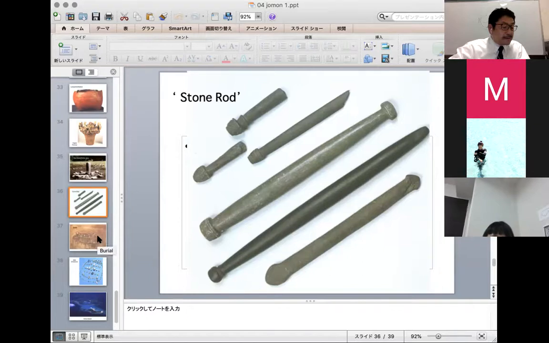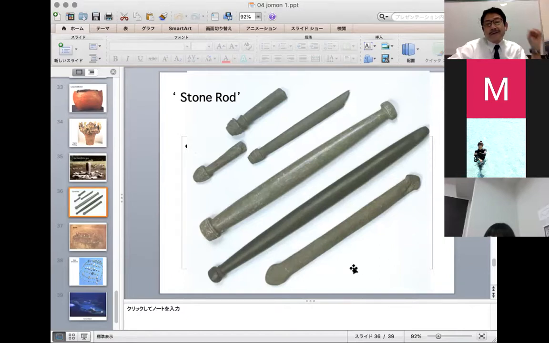And these are classified as the secondary tools. And the primary tools are pots and stone tools that you use every day for your daily lives. But these would not serve for daily life.